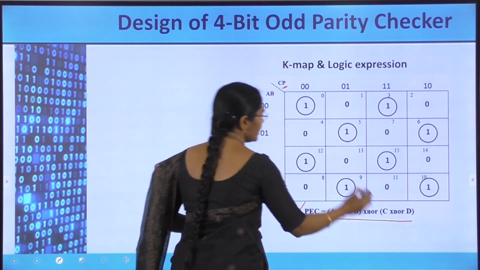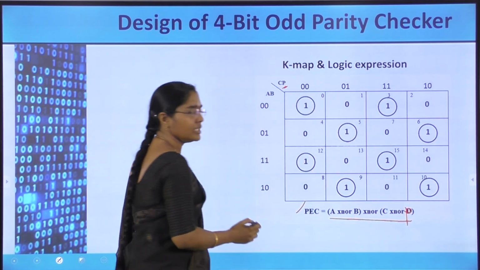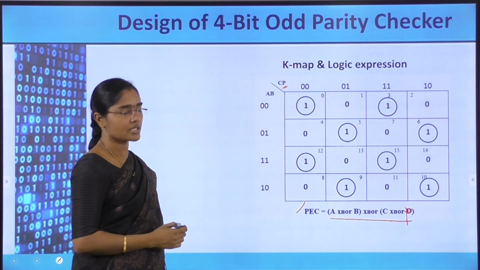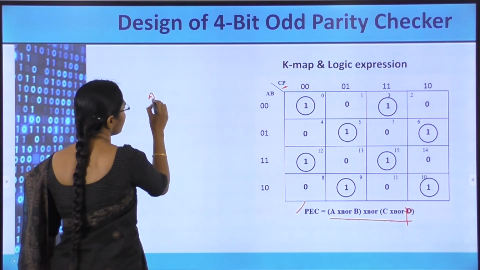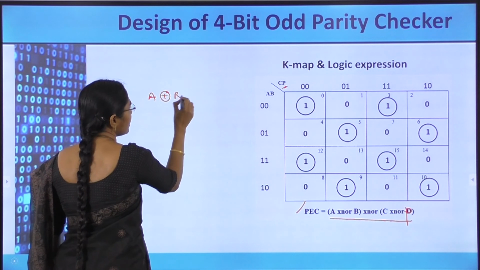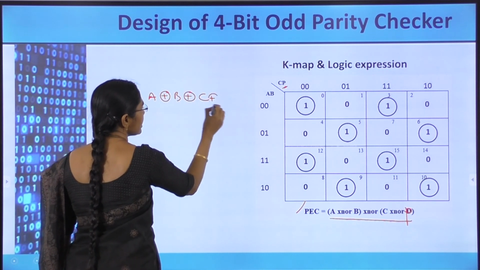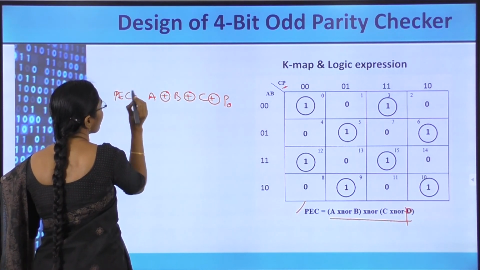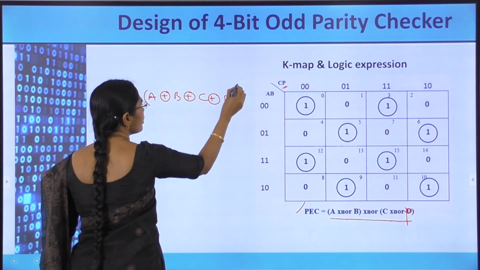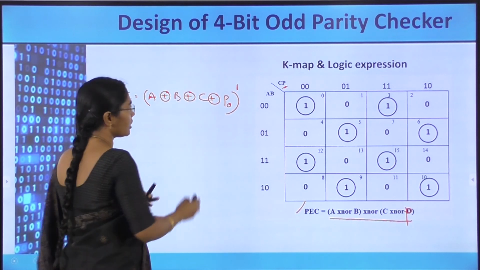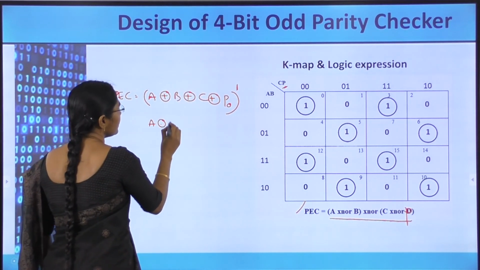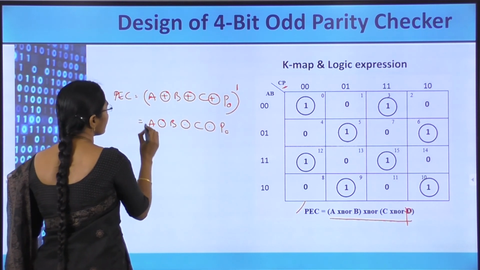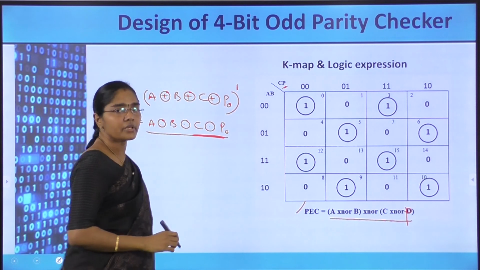Our bit is P, so the expression should be written in the P bit, the odd parity bit generated on the output side. So the expression is simply A XOR B XOR C XOR P naught, whole complement, or A XNOR B XNOR C XNOR P naught, is the expression for the 4-bit odd parity checker.